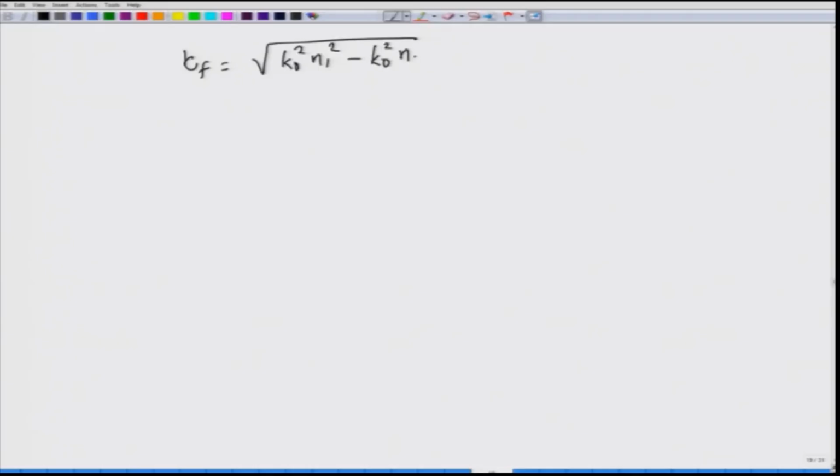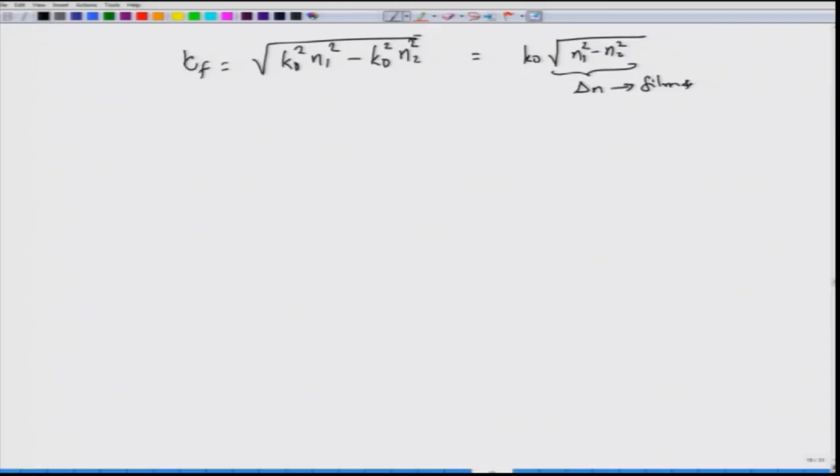Beta at cutoff will be k0 n2, right, and kappa f will therefore be given by k0 times square root of n1 square minus n2 square. This square root of n1 square minus n2 square is sometimes denoted by delta n, which indicates the refractive index difference between film and outside of the film.